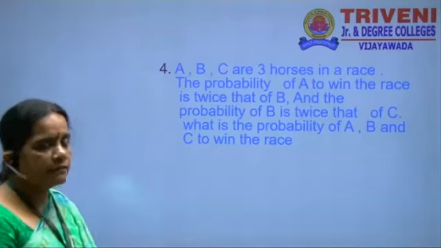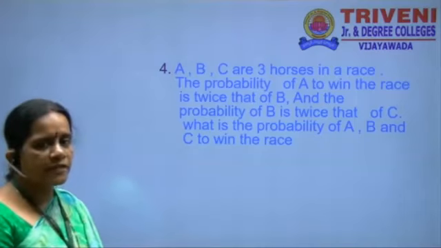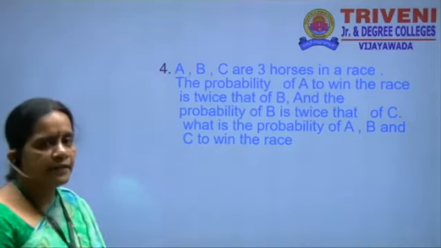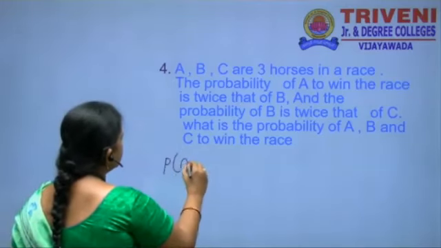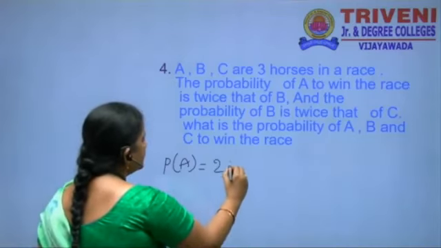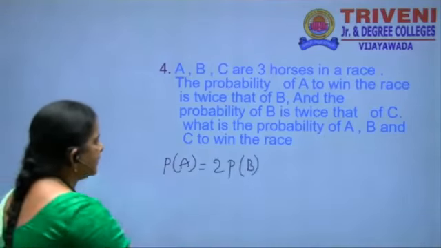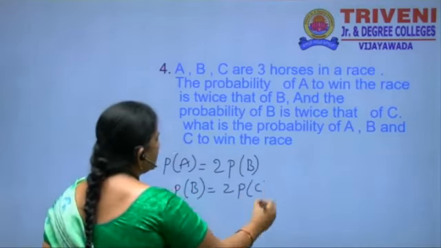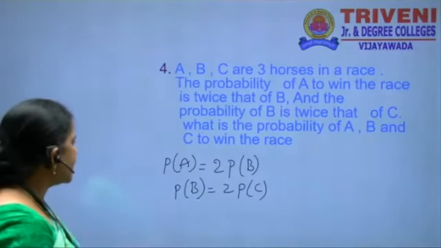The probability of A winning the race is twice that of B, and the probability of B is twice that of C. What is the probability of A, B and C winning the race? Given P(A) = 2 P(B), and P(B) = 2 P(C).